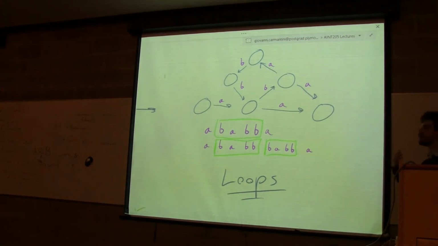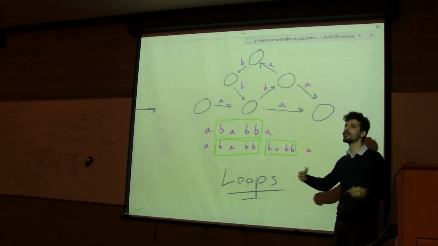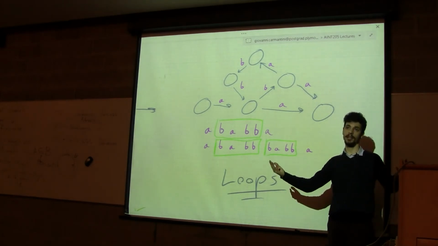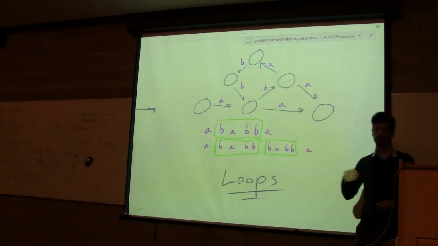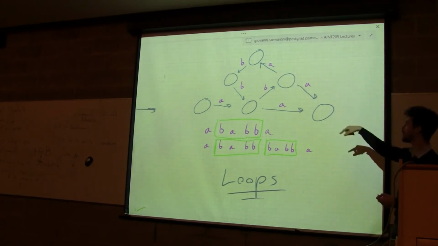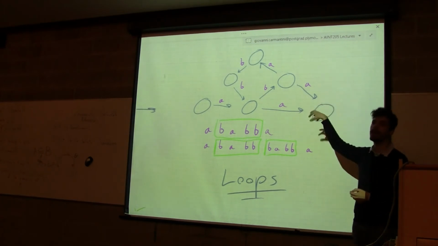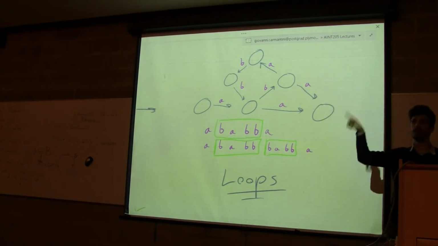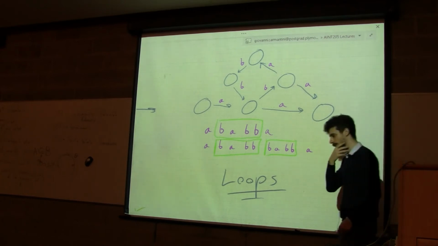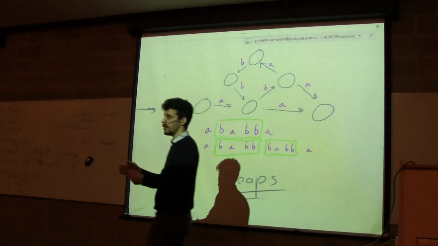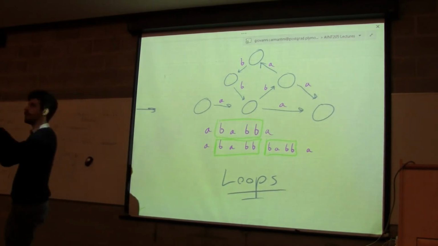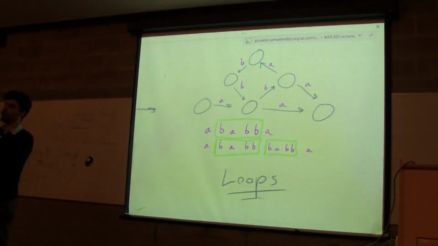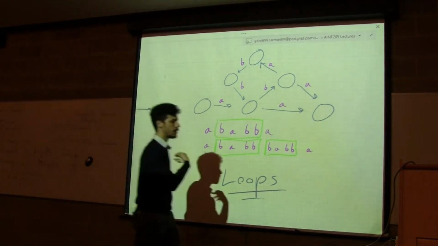If you have 6 states and a string of 60 characters, that means that somehow inside the DFA you have to loop. So if your string is accepted, it means that somewhere inside the DFA you have to go through a loop.